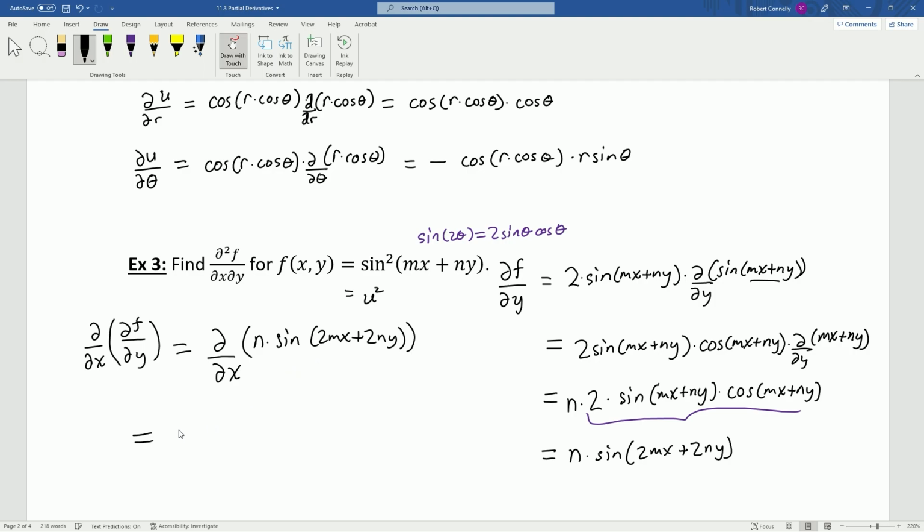Okay, so here n is just a constant. The derivative of sine is cosine. And then the derivative of my inner function with respect to x is just going to be 2m. So this whole thing is 2mn times cosine of 2mx plus 2ny.